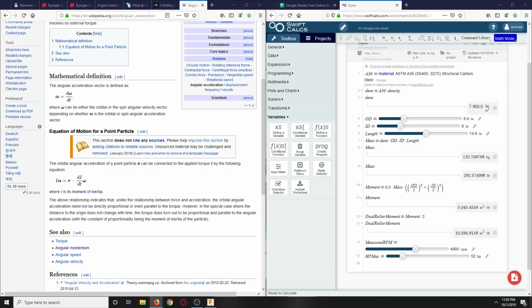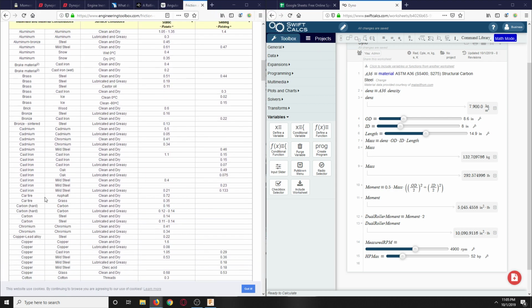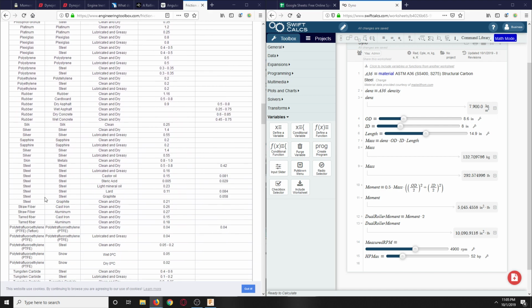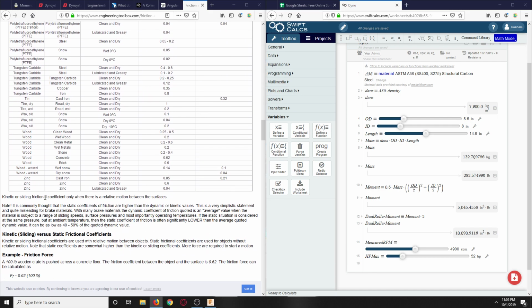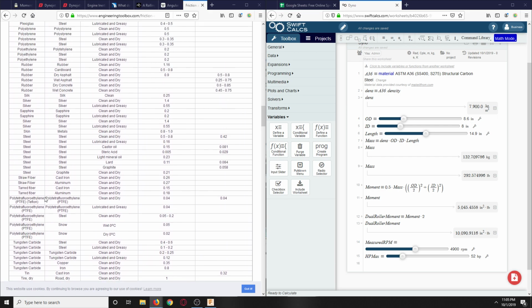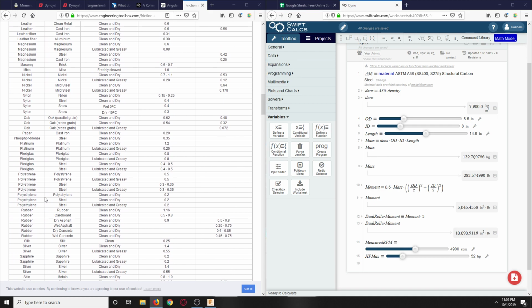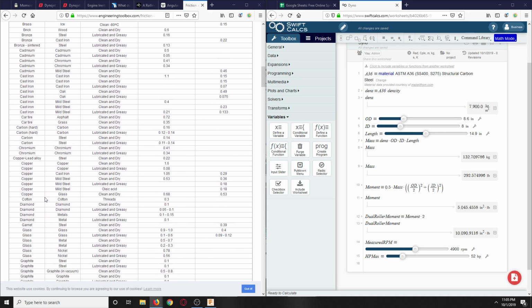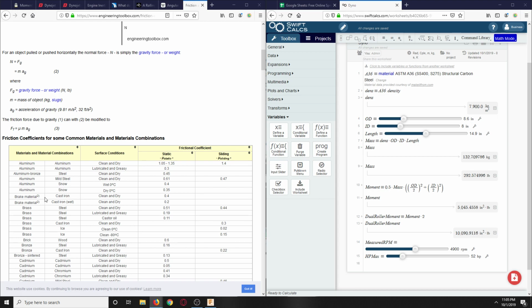So friction. Friction coefficient of multiple materials, so we're looking for rubber. Surface conditions.